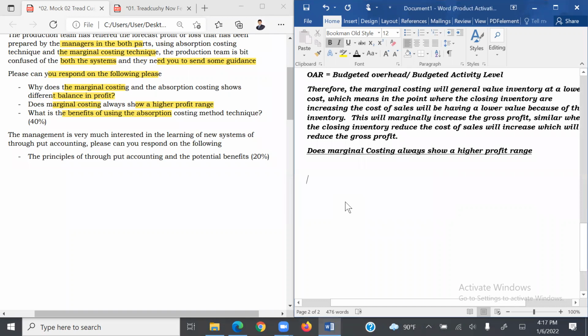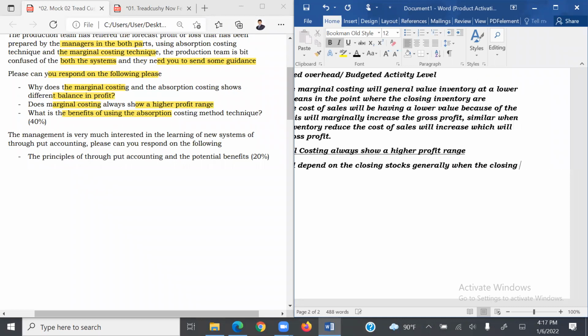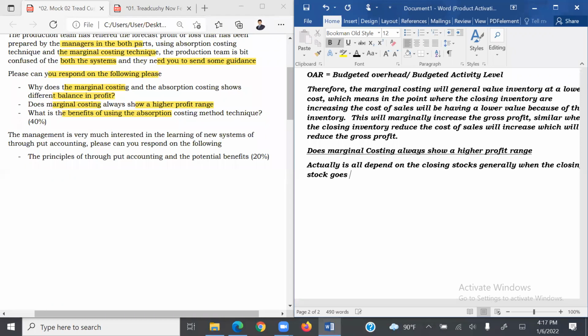So coming here, actually, it all depends on the closing stocks. Generally, when the closing stock goes down, the marginal costing will generally have an even lower cost of sales.